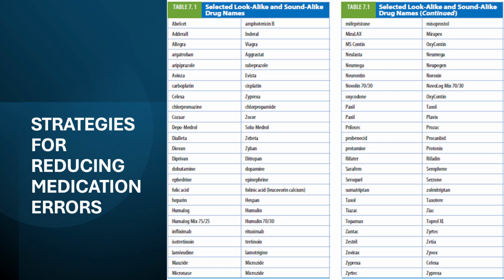You also have Miralax and Mirapex, oxycodone and OxyContin, Paxil and Taxol, Paxil and Plavix, Prilosec and Prozac, and the others.